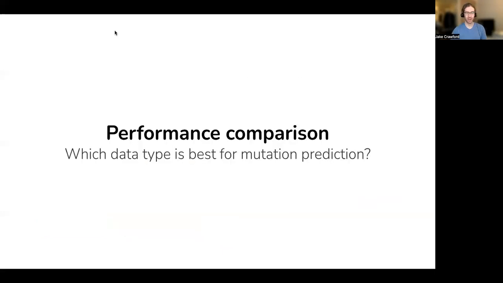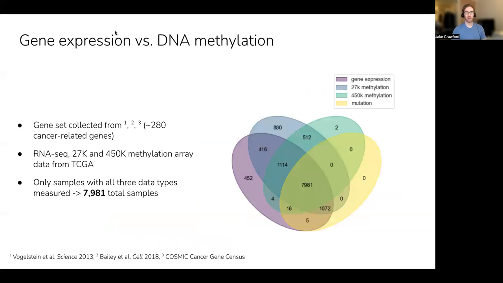So like I said, we're going to do kind of a bake-off first. We're going to ask which data type is best for this problem out of the ones available in TCGA. We started off by just comparing gene expression and DNA methylation in particular. The reason for this is that we take samples that are profiled for all of those data types. In this case, this gives us about 8,000 total samples when we limit it to only expression and methylation.